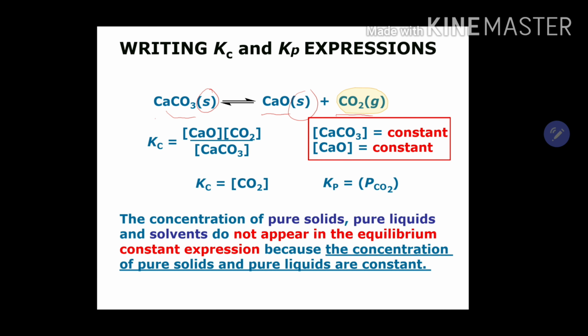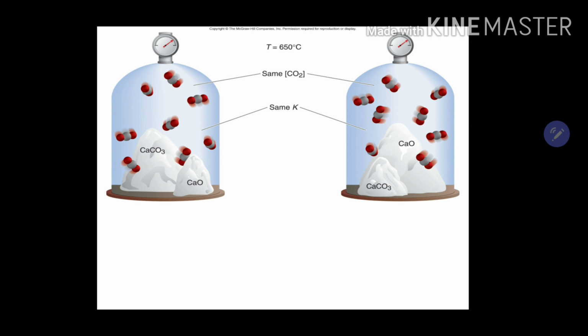So, as a conclusion, the concentrations of pure solids, pure liquids, and solvents do not appear in the equilibrium constant expression. Why? Because the concentrations of pure solids and pure liquids are constant. Why are pure solids and pure liquids constant?